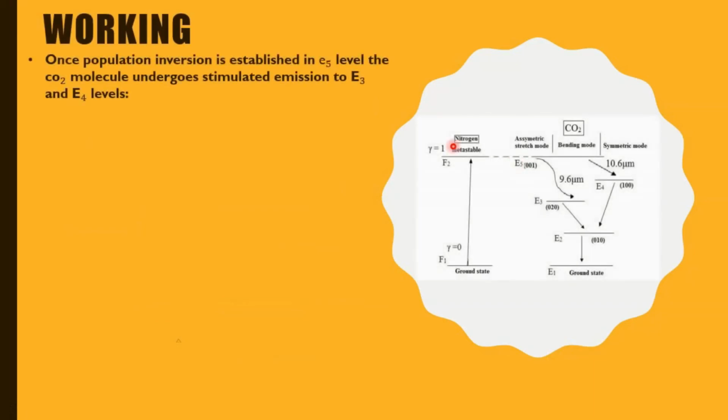Now let's see that once population inversion is established in the E5 level, the CO2 molecules undergo stimulated emission to the E3 and E4 levels.